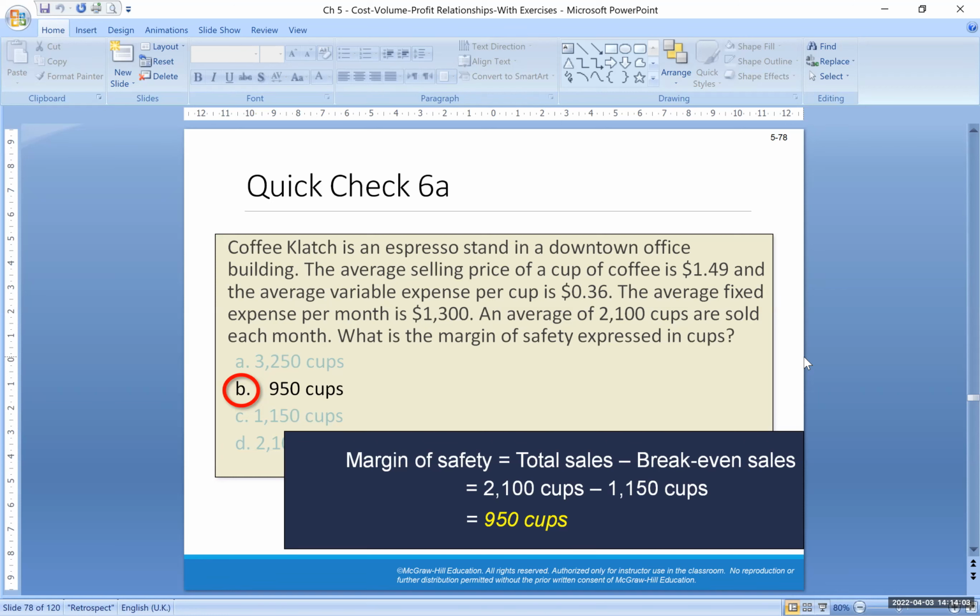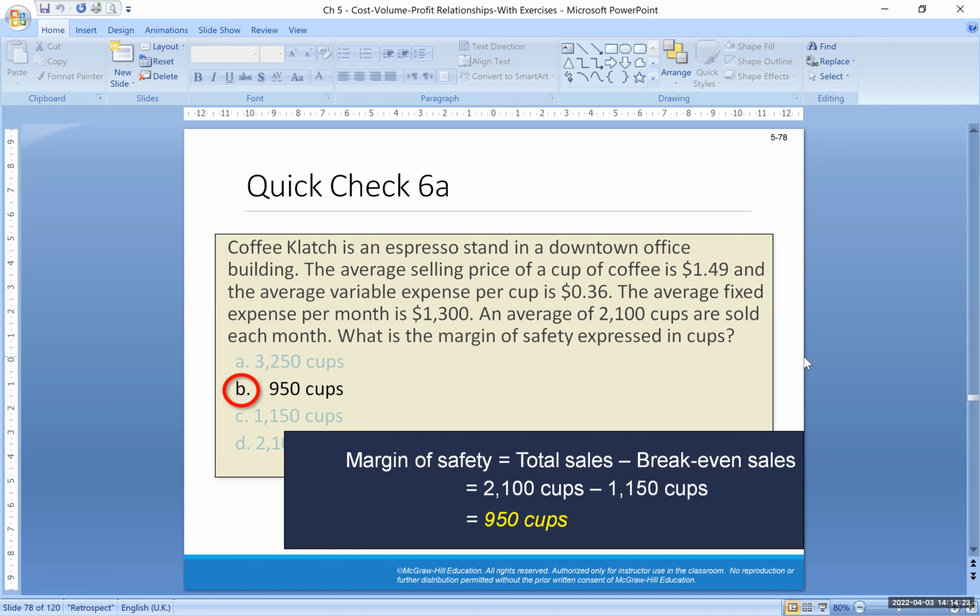So the margin of safety in units is equal to 950 cups, which is the difference on the x-axis between the actual sales in units, 2,100, and the break-even in units, which is 1,150.